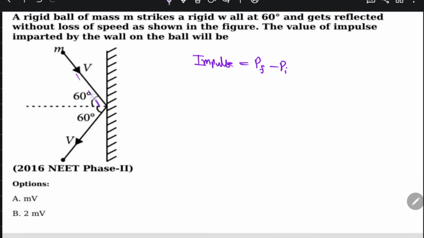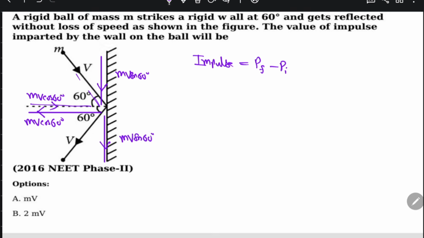So here you see that if I resolve this component here and here, this becomes mv cos 60 degree and this becomes mv sin 60 degree. After the reflection, this component also becomes mv cos 60 degree and this becomes mv sin 60 degree.